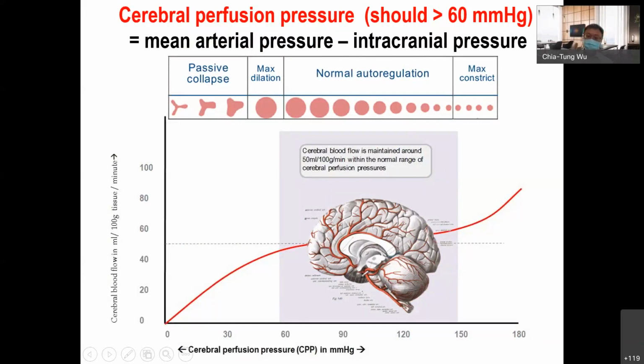For normal people, the ICP is around 10 mmHg. So our mean arterial pressure should be above 70 mmHg. If it falls below 60, the autoregulation will not function very well. So our perfusion to the brain will decrease at this point, and you will lose consciousness.